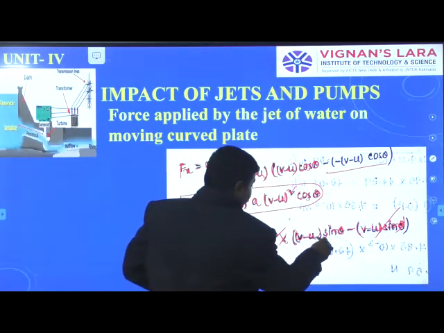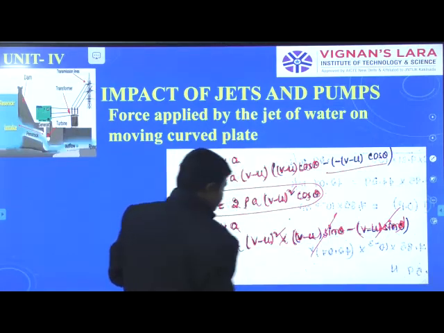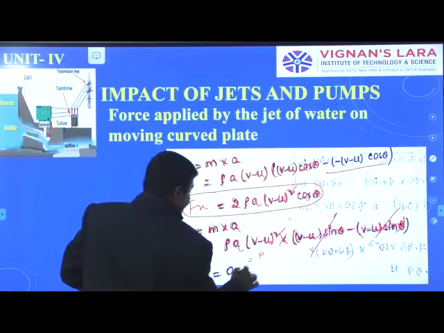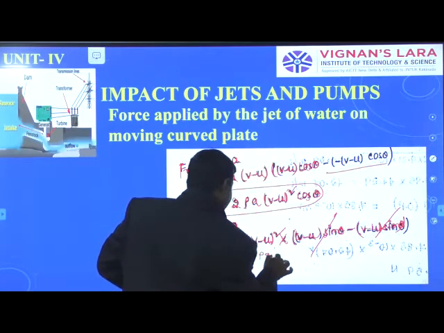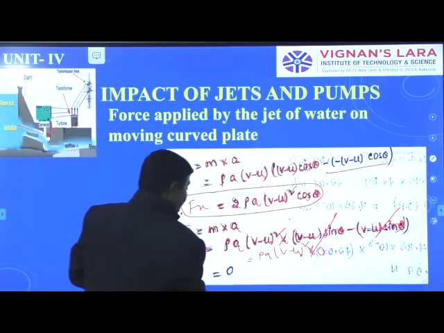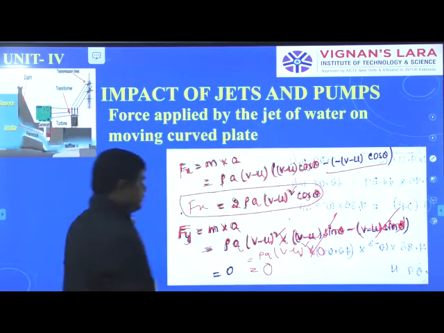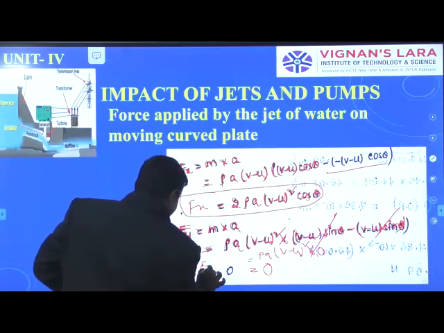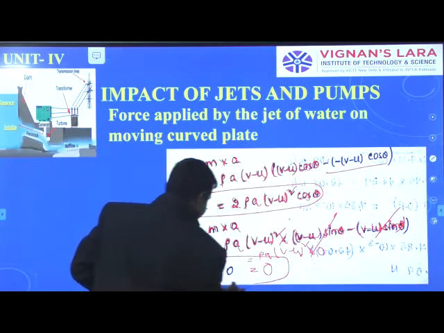Then v minus u sin theta and v minus u sin theta will be cancelled. Finally rho a into v minus u whole square into 0, so we get 0 in the Fy direction.